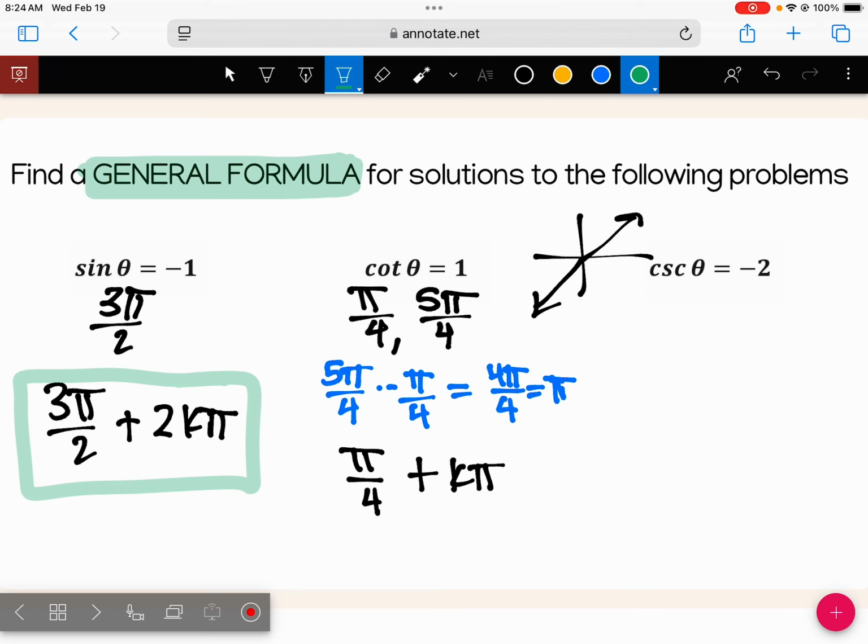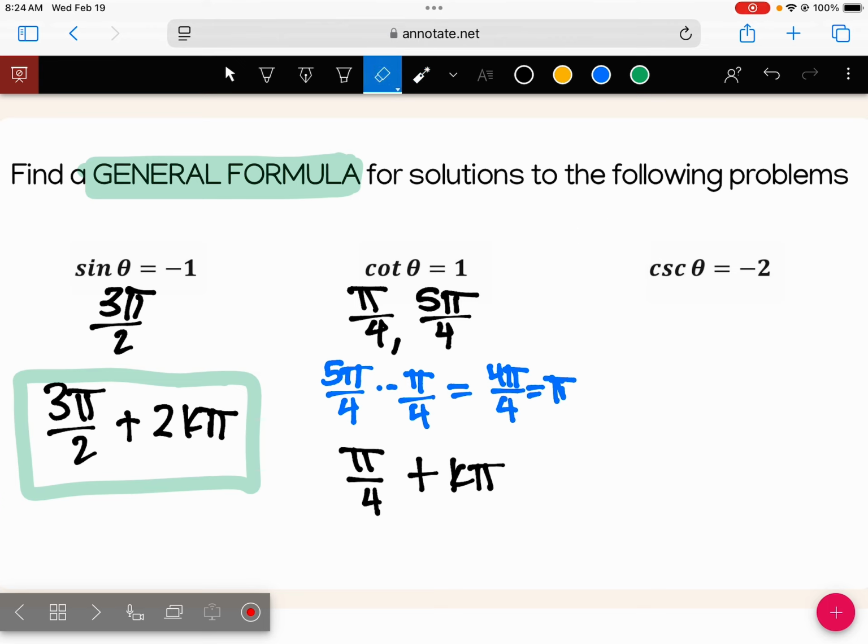So something I said last class, if it is directly diagonal from each other, the distance will be pi, and you will be able to write it like this. It will also mean that your distance is pi apart.